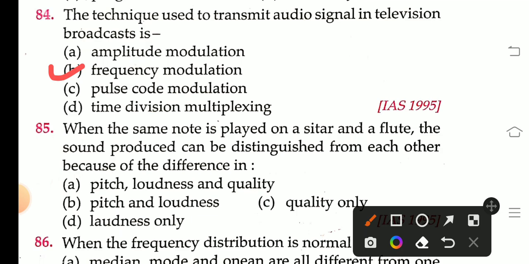Next, when the same note is played on a sitar and a flute, the sound produced can be distinguished from each other because of the difference. Right answer will be option C, quality only.